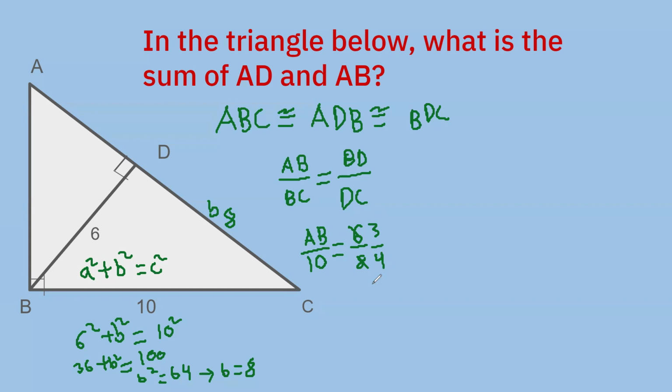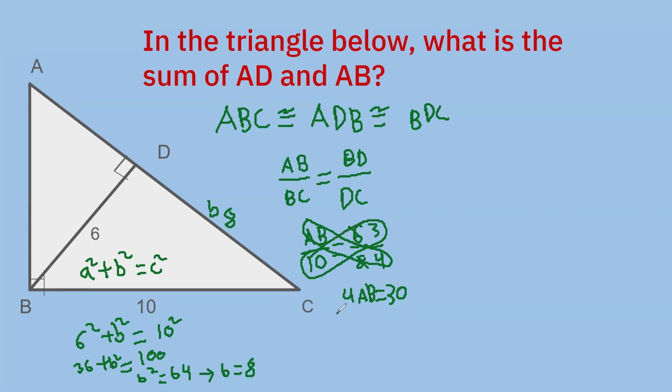We're going to cross multiply and get 4AB equals 30. Okay.